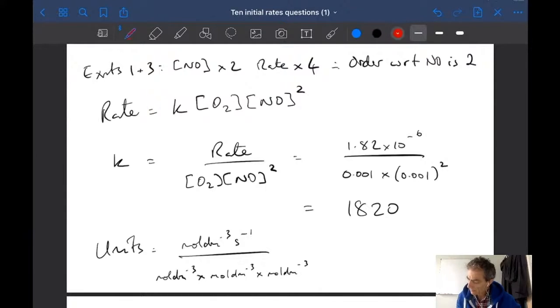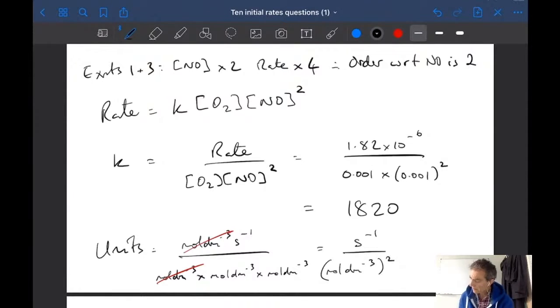Now we can cancel one moles per decimeter cubed on the top with one on the bottom. So what we're left with is seconds to the minus 1 on the top divided by mole dm to the minus 3 squared effectively.